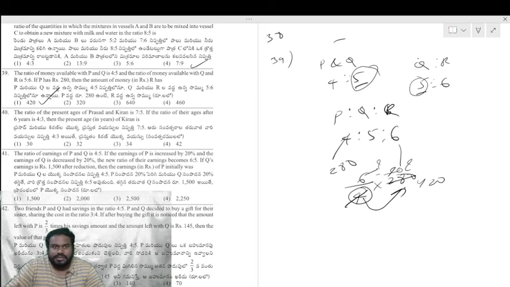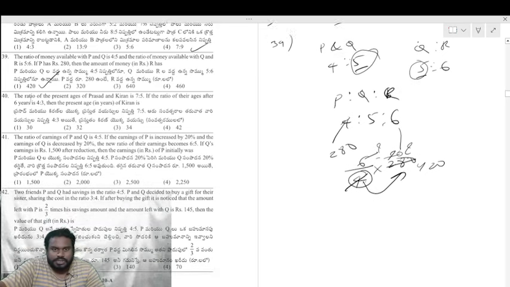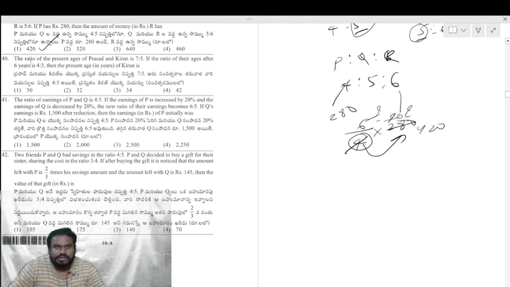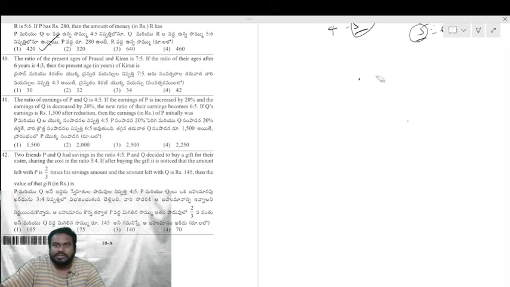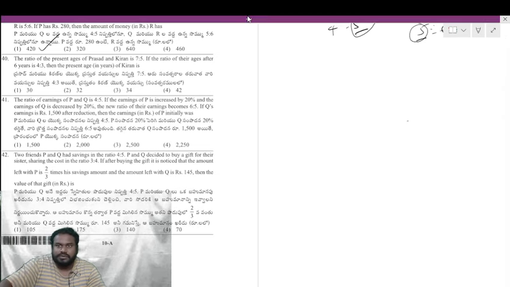Next, question number 40. The ratio of the present ages of Prasad and Kiran is 7:5.